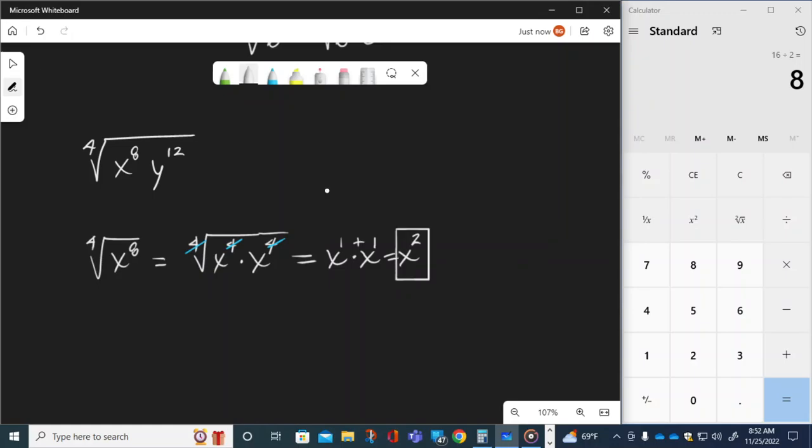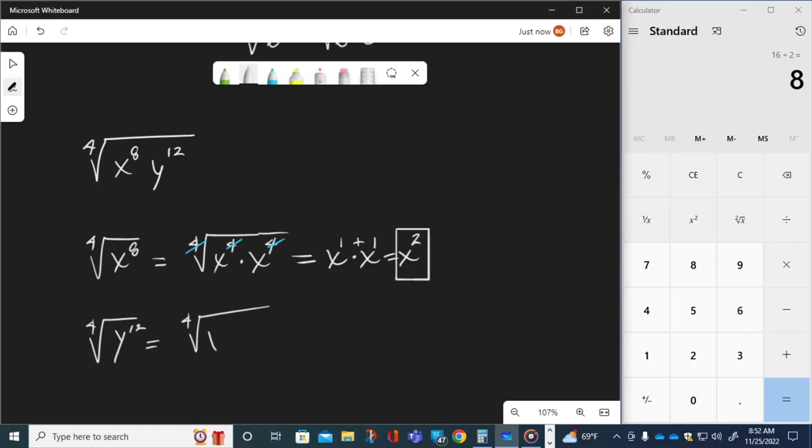Okay? And now you're going to take the next subject, to the power of 12, all right? The 4th root of y to the power of 12. Now this one is going to yield 12 divided by 4, which is 3.